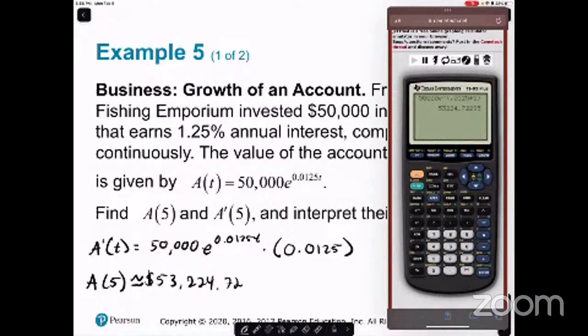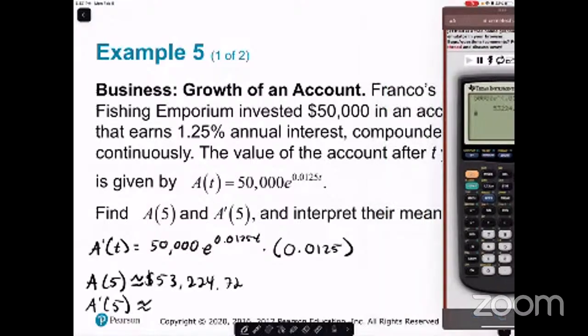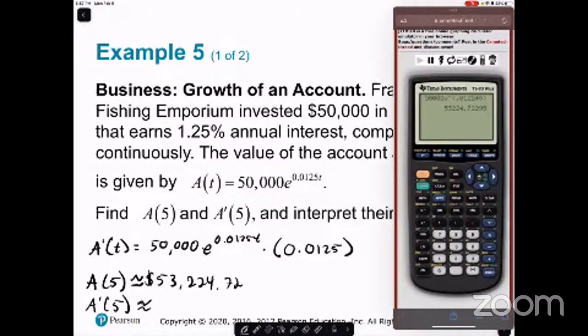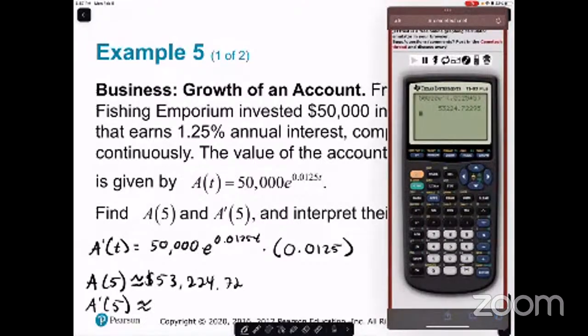And then the rate of change of the account at 5 years. $50,000 times e to the power of 0.0125 times 5, okay, and then we're going to say times 0.0125. We could have just said that answer times 0.0125, right? We didn't have to retype all of that, but that's okay.